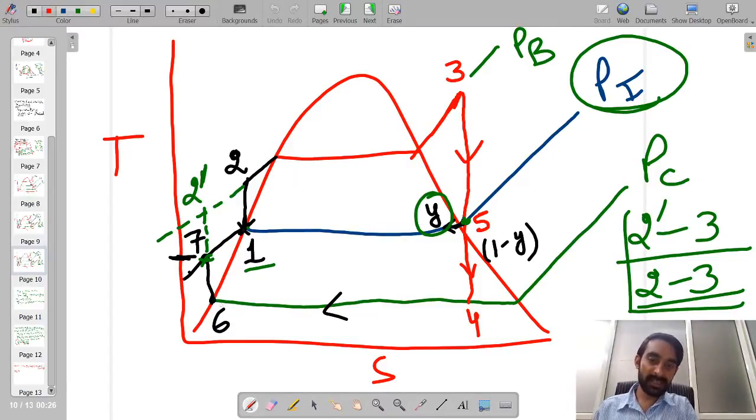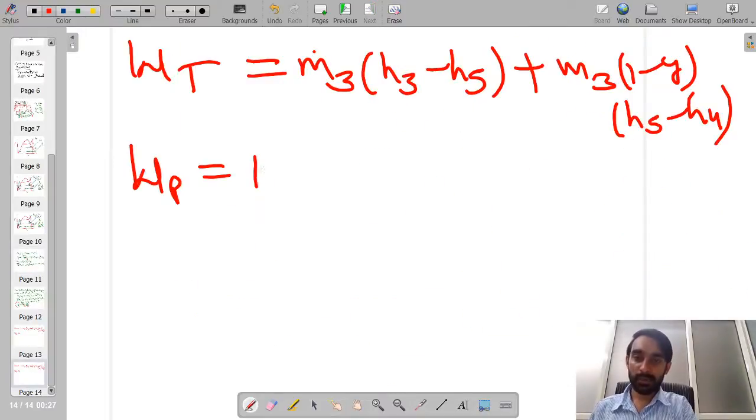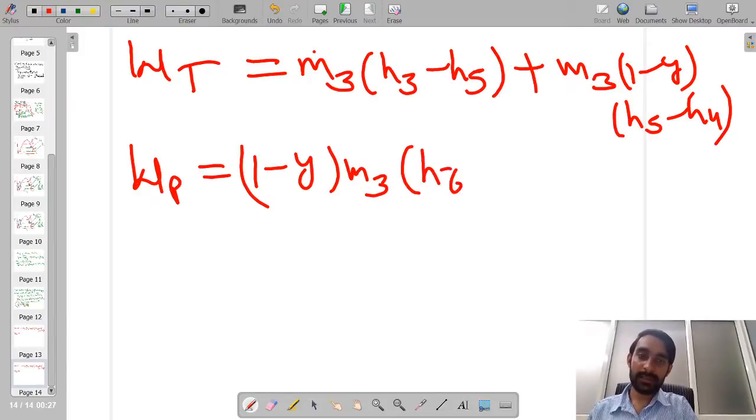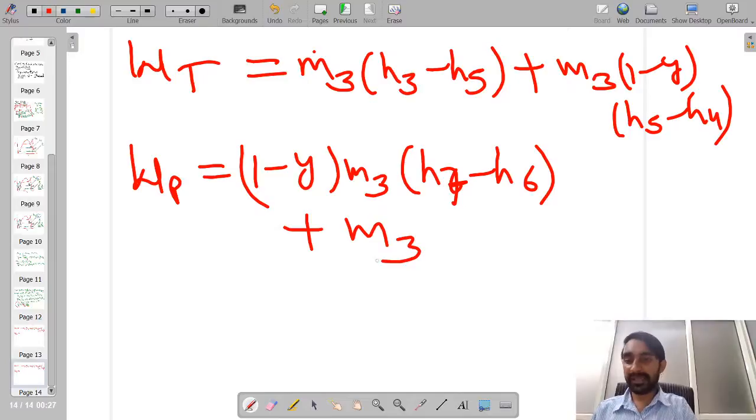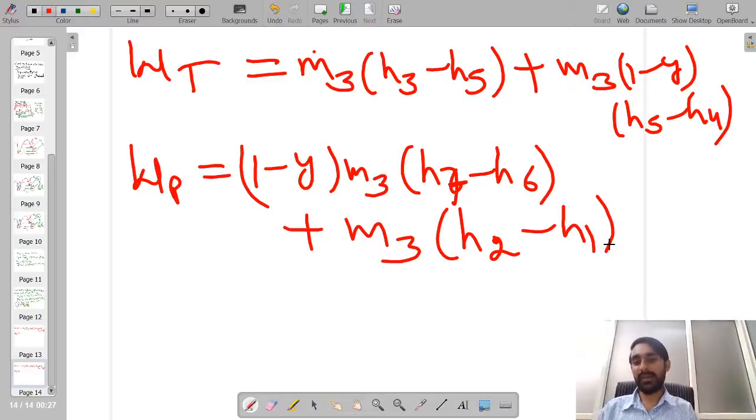In the stage 6 to 7, we have a 1 minus y fraction of mass, so I can write 1 minus y into m3 into H7 minus H6 as the work in the first stage, plus, because in the second stage both streams have mixed and pumping is done from 2 to 1, m3 into H2 minus H1.